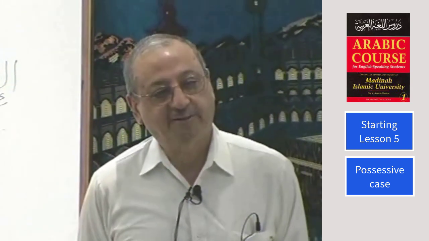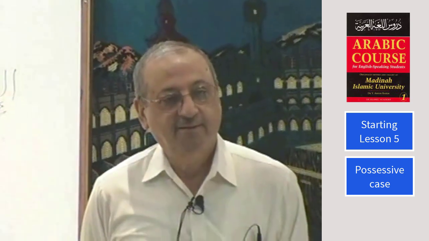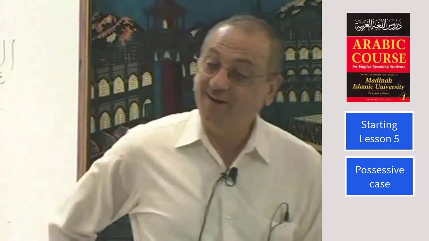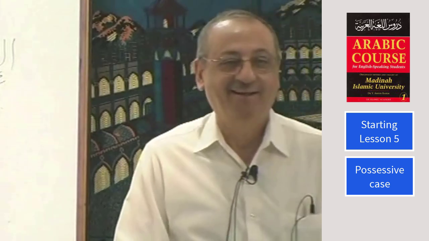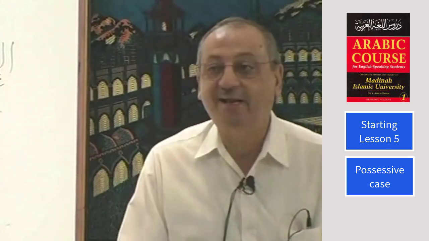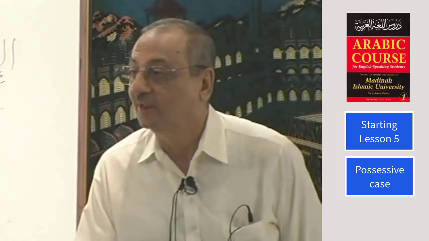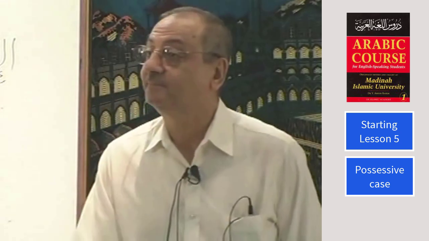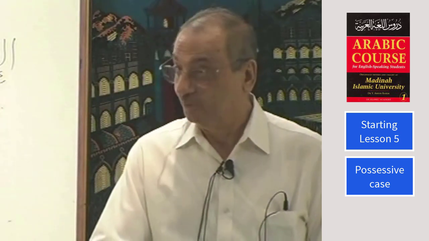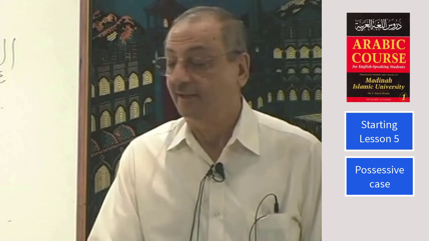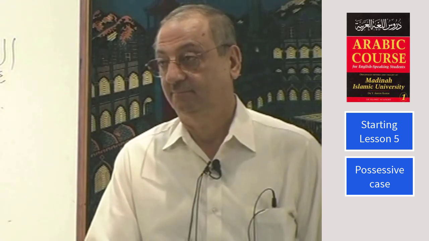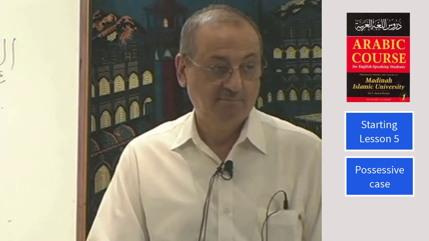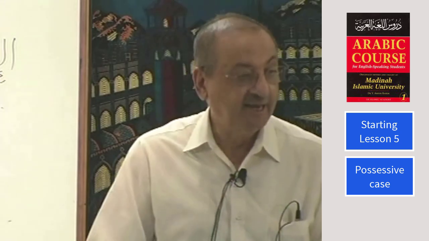What else do you see? MashaAllah, there is no al there. So in other words, the rule is mudaf cannot have al. Mudaf, Sister Naima, cannot have al. Mudaf ilayhi can have al.